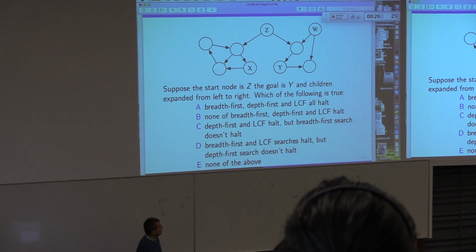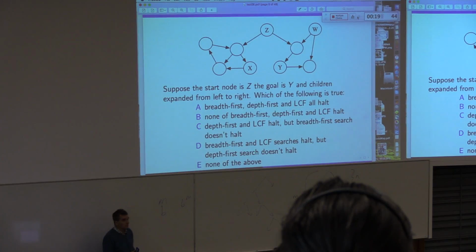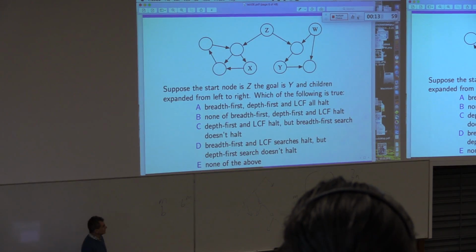Right, so start node Z, goal node is Y, and we're going to know whether breadth first and depth first and least cost first all halt, whether none of them halt, whether depth first and least cost first halt but breadth first search doesn't halt, or whether breadth first and least cost first searches halt but depth first search doesn't halt, or none of the above.